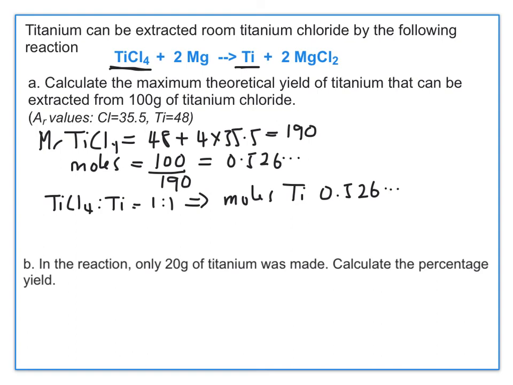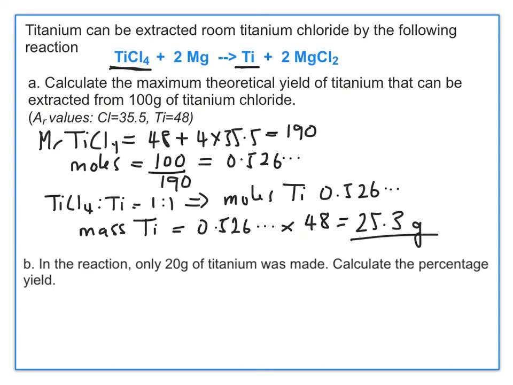So you remember from your equation, moles equals mass over MR, mass equals moles times MR. So mass of titanium is just going to be 0.526, and titanium just exists as atoms, so times 48. And that gives me 25.3 grams, so 3 significant figures.